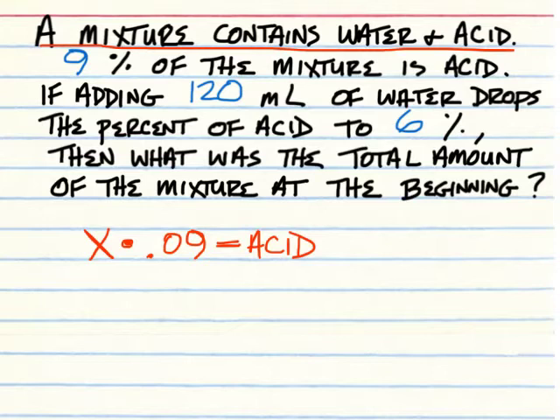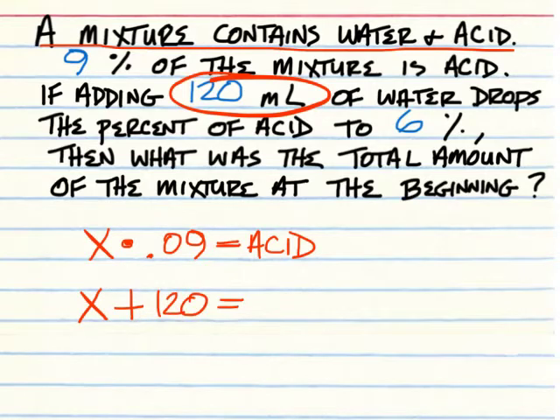And then from before, what we would do is to add the 120 milliliters to the total, which we still don't know. So the total is still X, and we're going to add 120 to that to get the new total.